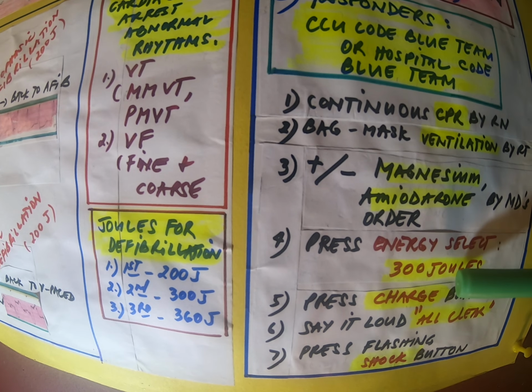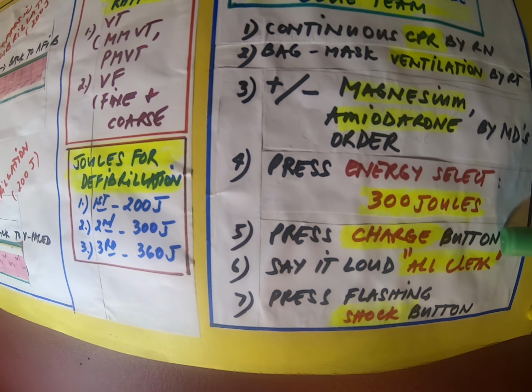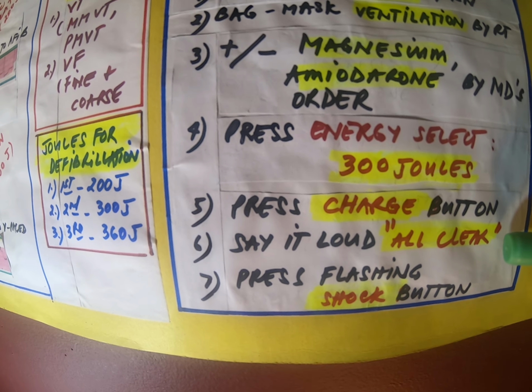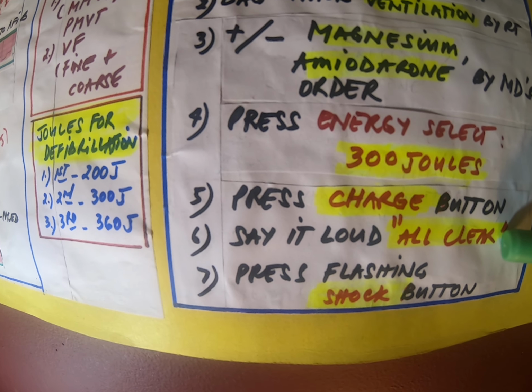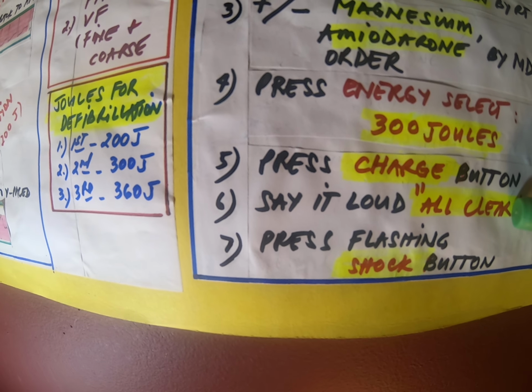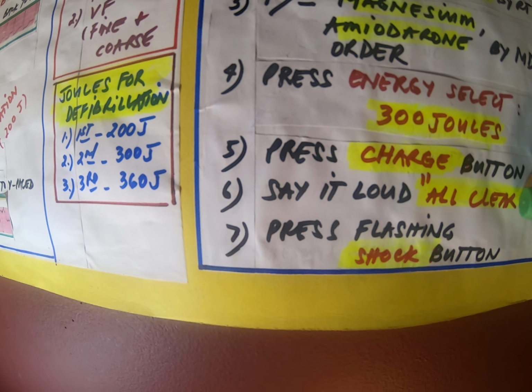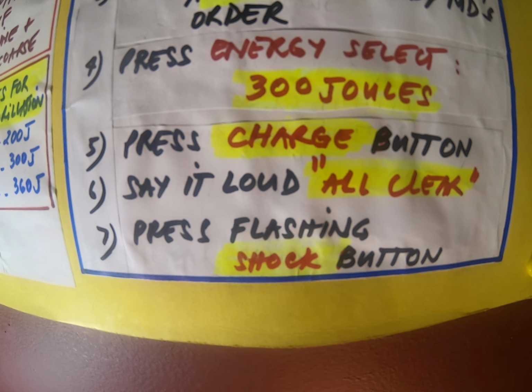She had pressed the energy, it's already 300 joules, and she had already pressed the charge. She will say all clear. So the RT, the CPR RN, everyone has to be off the patient so that they don't get the shock. And then the defib RN will press the shock button.